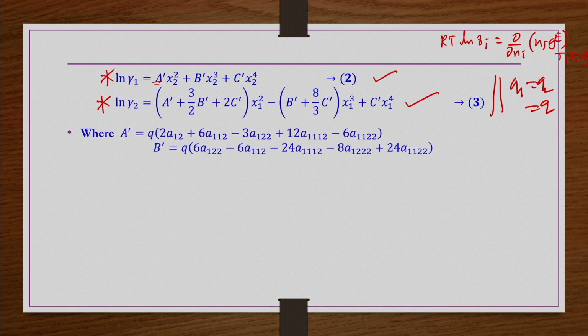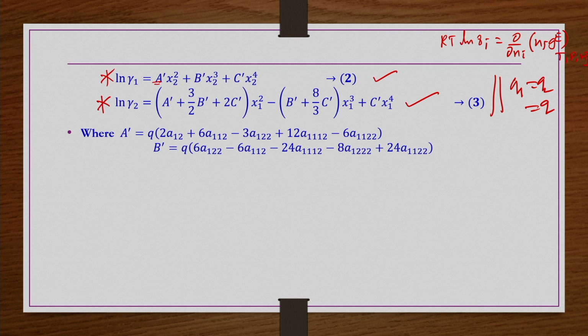So, A prime is nothing but q multiplied by 2 A12 plus 6 A112 minus 3 A122 plus 12 A112 minus 6 A112, and then B prime is nothing but q multiplied by 6 A122 minus 6 A112 minus 24 A112 minus 8 A122 plus 24 A112.